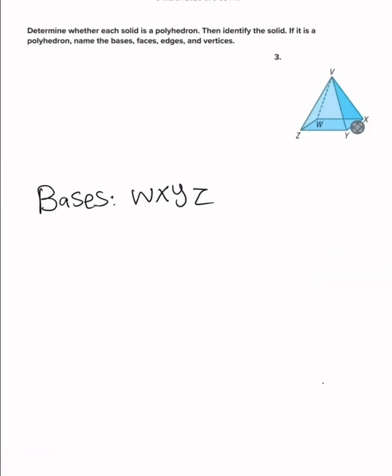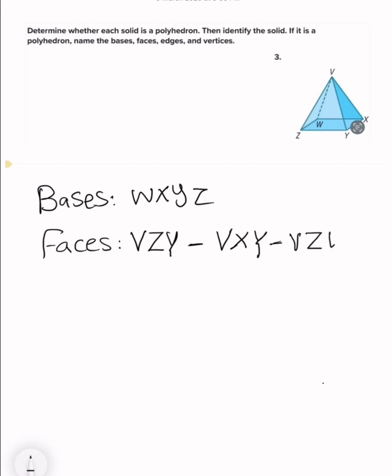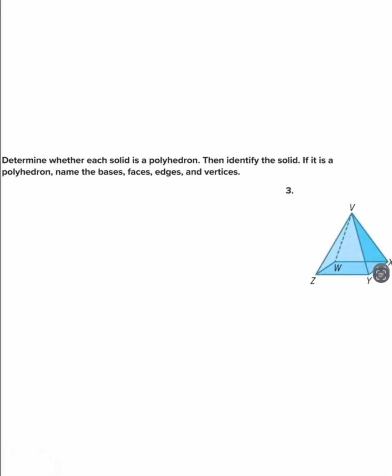Okay, so now, complete the faces. Here we can write V, Z, Y, or we can write V, X, Y, or we can write V, Z, W, like you're seeing in here.